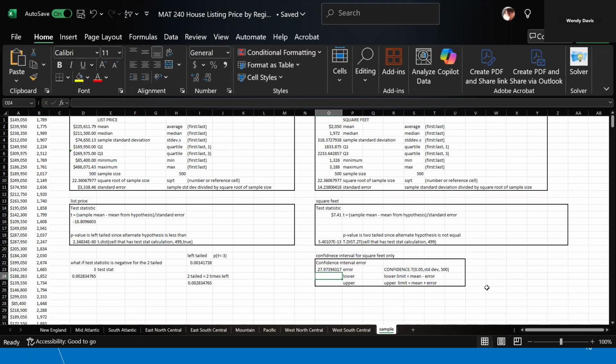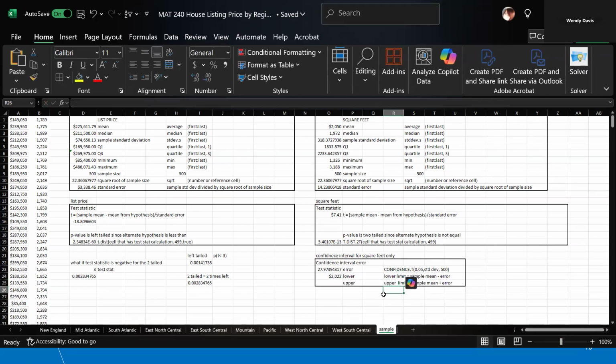All right, the lower limit is, for square feet, our sample mean minus that error. Let me type this here. Sample mean. This is our sample mean.